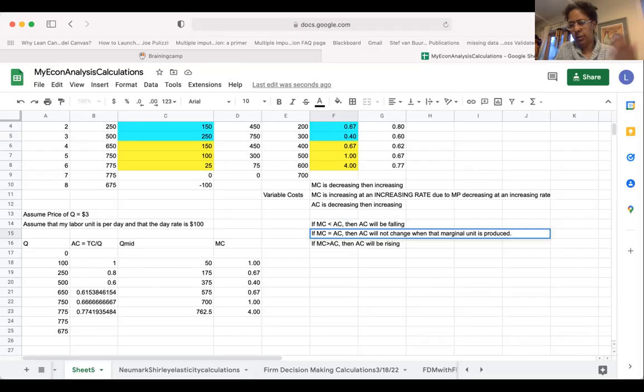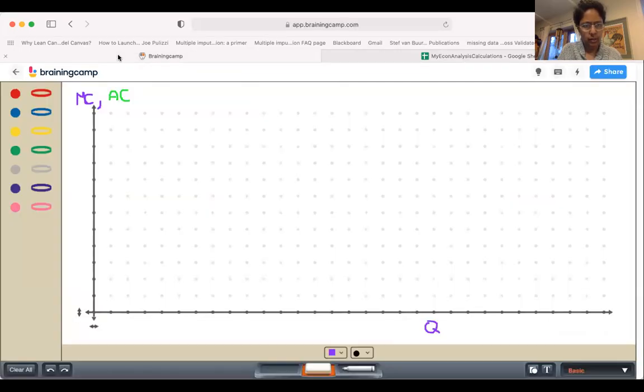Right. And so this has an implication for the average cost to talk about when we draw the picture. My various marginal costs are going to be 1 to 4, and my average costs, you can see here, are all less than 1. So I'll try to see if I can make that 1, 2, 3, 4, and I'm not going to be able to make it much more spacious than that. $1, $2, $3.